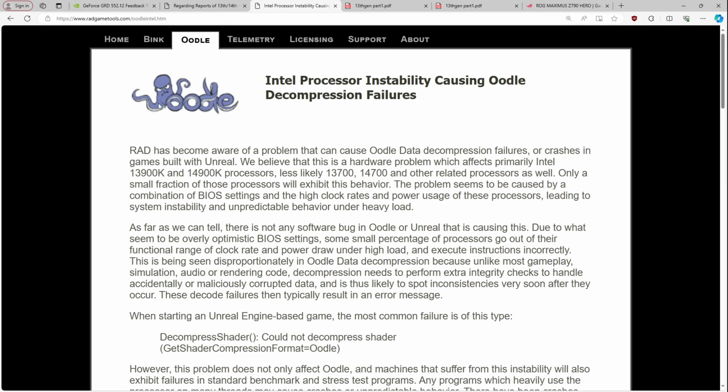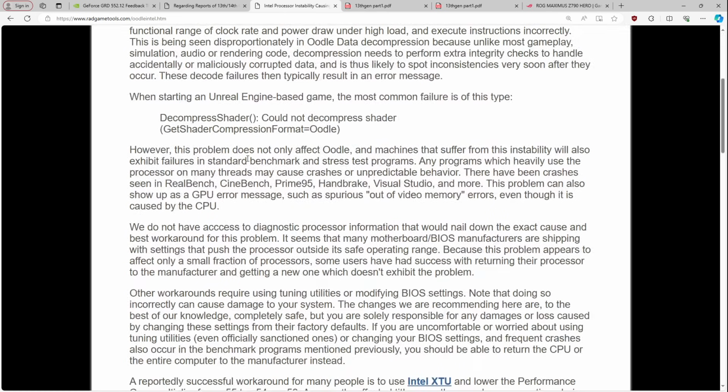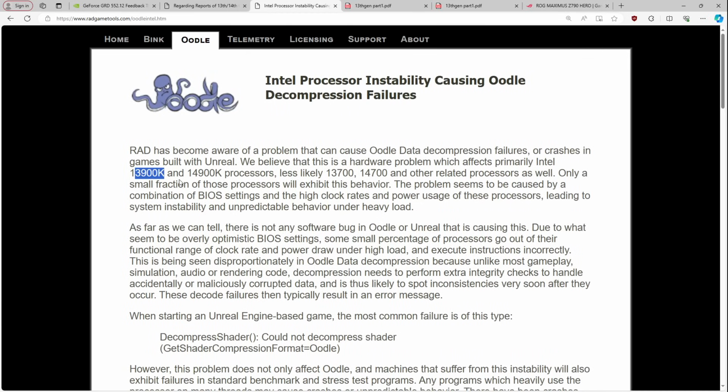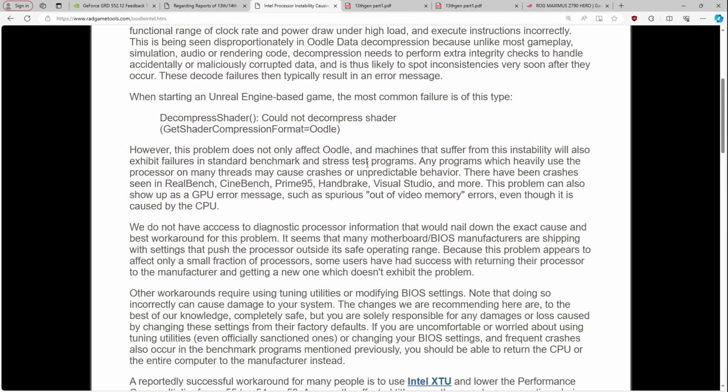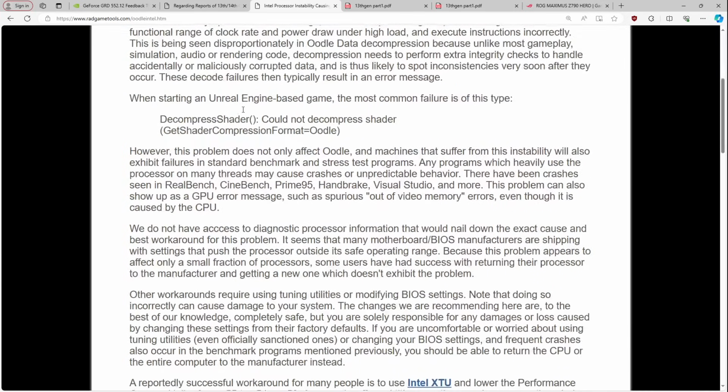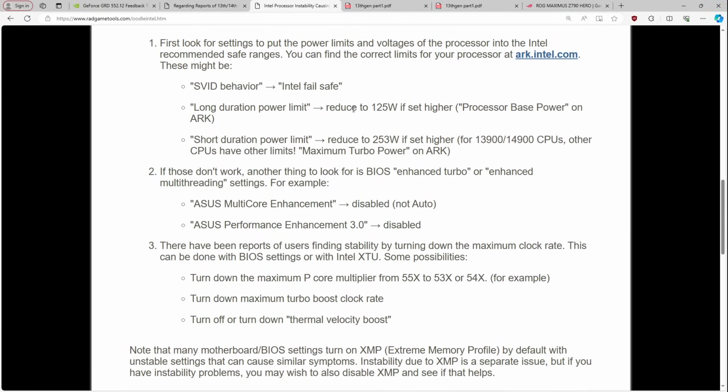It uses the CPU to decompress assets, and since it's pretty well optimized software, it can use all of the CPU, and then it'll crash if you have an unlucky 13900K, 14900K, 13700K, or 14700K. The article from the developers of Oodle recommends that you, if nothing else, set the power limits to what Intel recommends, and if that still doesn't help, then manually underclock the CPU.